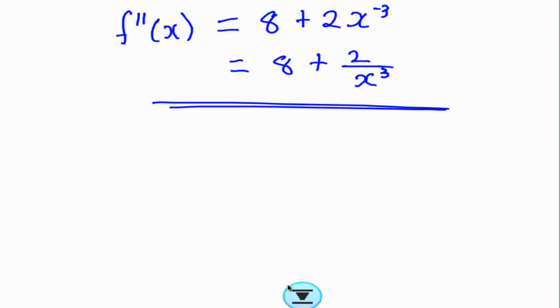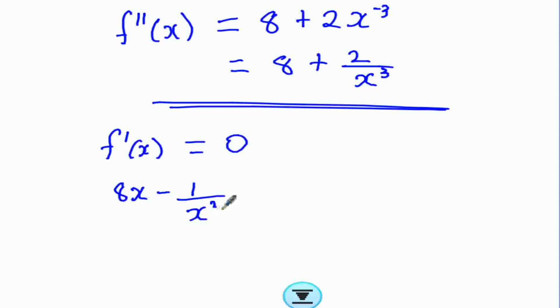At stationary points, the first derivative is equal to 0. So our f'(x) is equal to 0, and our f'(x) was 8x minus 1 over x squared, which is equal to 0.